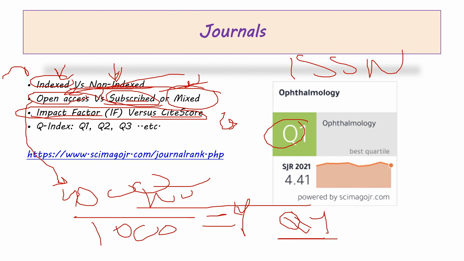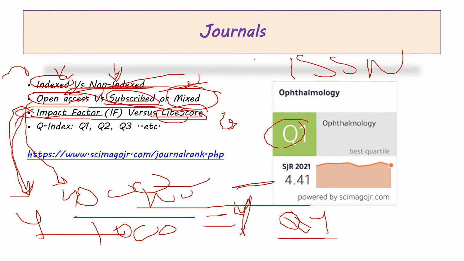Impact factor and site score are similar, but impact factor talks about a 4-year duration and site score talks about a 2-year duration. For example, the number of publications in this journal and the number of citations during 4 years, and site score during 2 years.